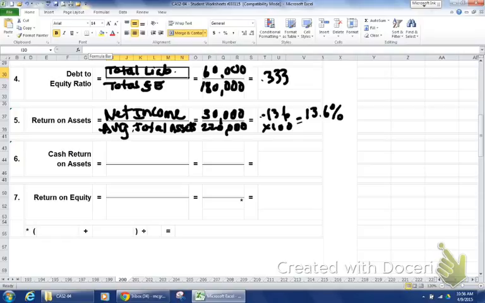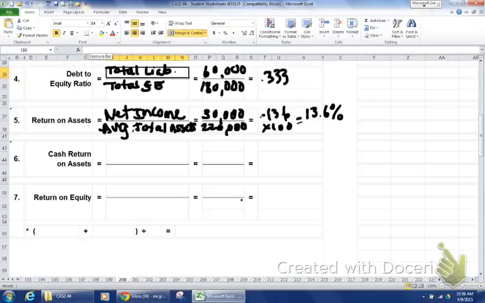What this basically means is that for every dollar of invested assets by this particular company, it generated a net income of 13.6%. That's a pretty good thing in and of itself, but again, you would compare this to the company itself during previous years and also compare it to other companies within its industry.